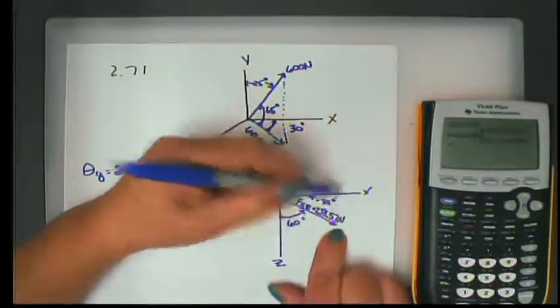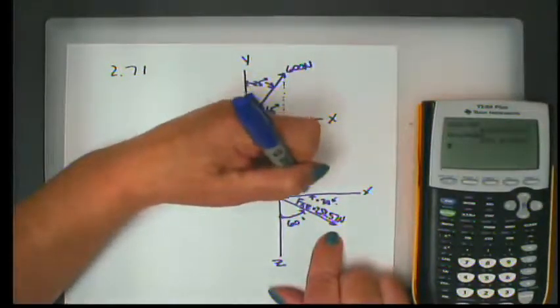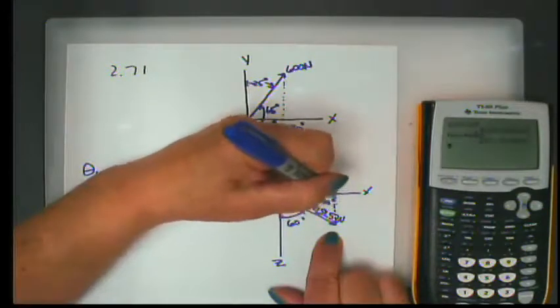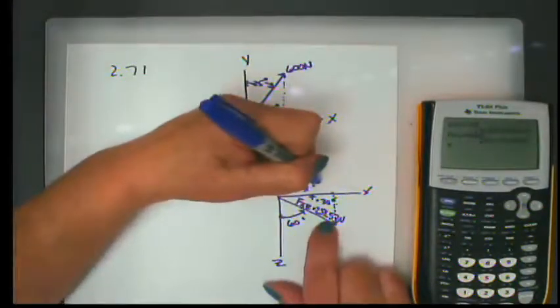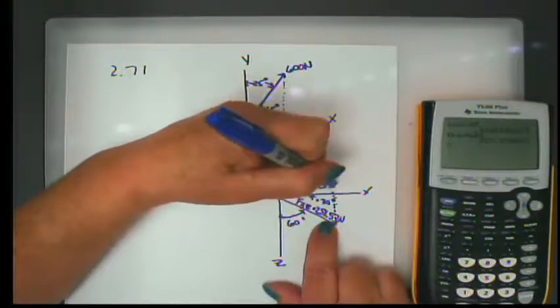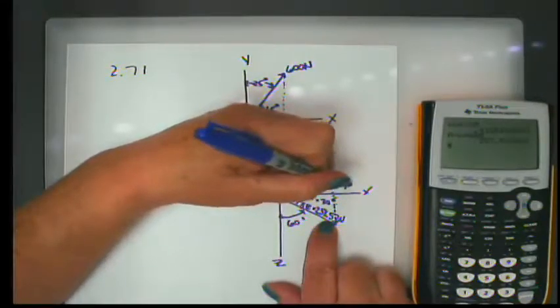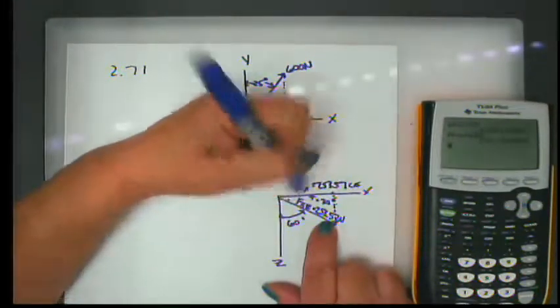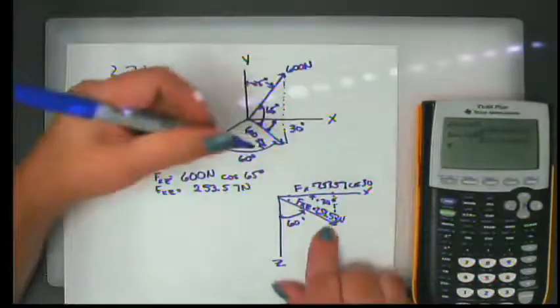So what that tells me is that my F sub x, that projection purely onto the x-axis, is equal to 253.57 newtons times, because this is adjacent, the cosine of 30 degrees.